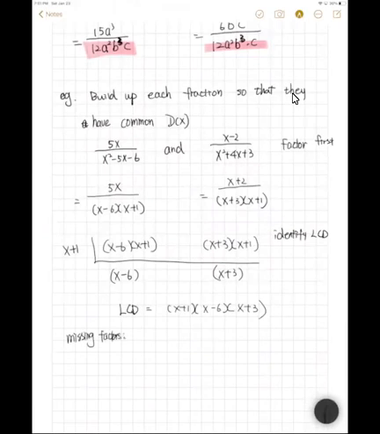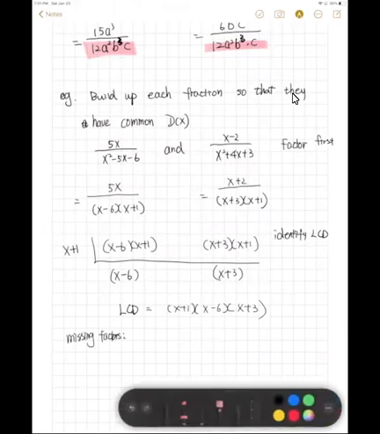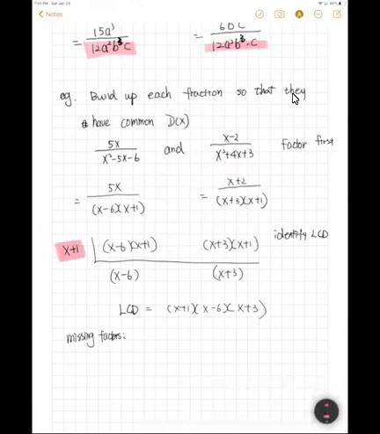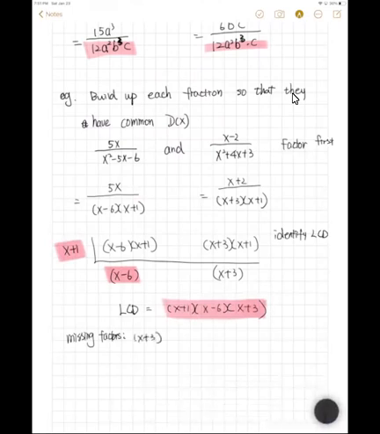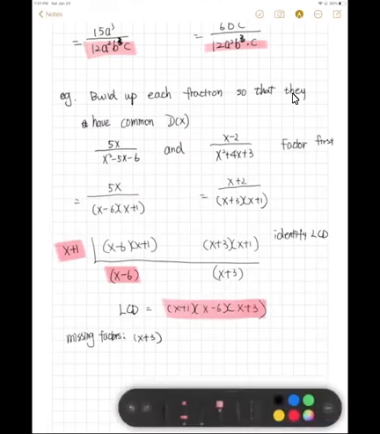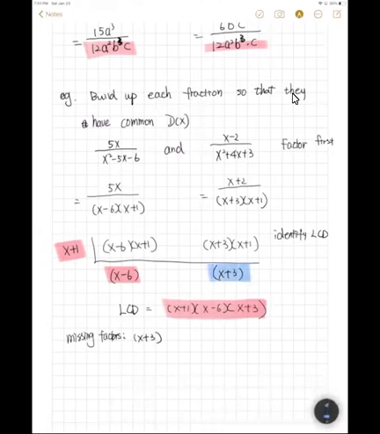Okay, so the missing factors for the first expression, like I say. The first expression contains x plus 1 and x minus 6. But the least common denominator has what? x plus 3. So that means the missing factor for the first one would be x plus 3. And then for the second one, it has x plus 3 and x plus 1.